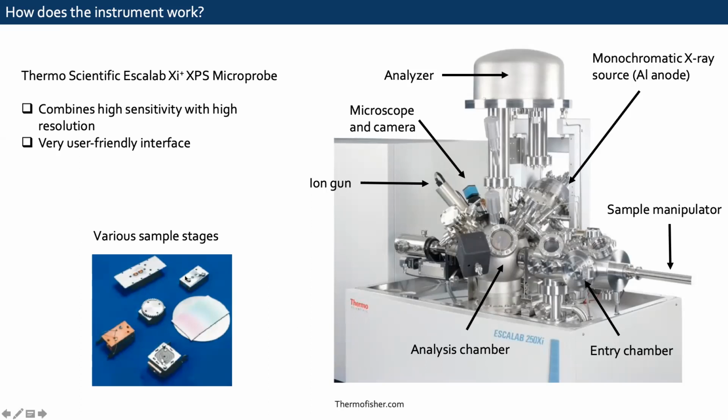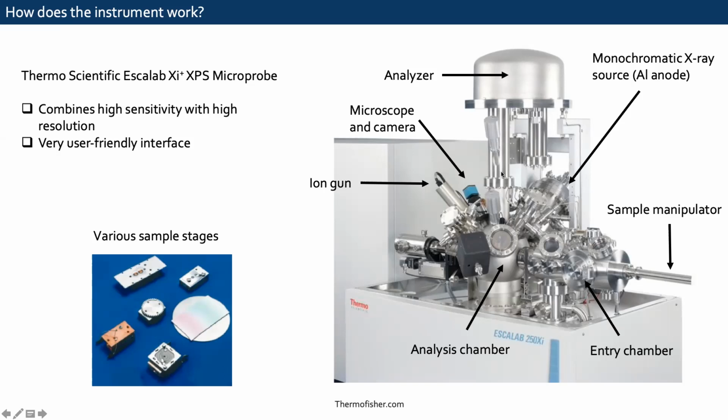There are a lot of cool sample stages that I wish I could use. You can heat samples, you can apply voltage biases, or you can just have a plain stage like this. This is the one we usually use for measuring simple things like powders or crystals. But there's a variety of stages you can use.